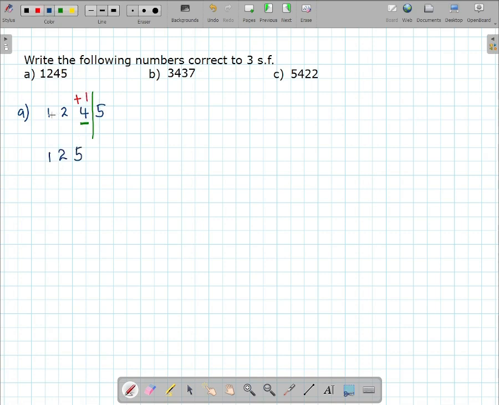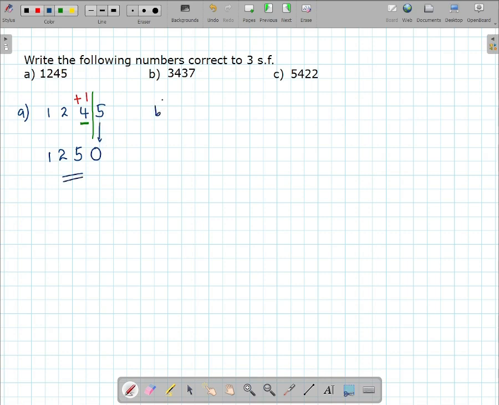Then we write 124, add 1, that is 125. Then after the separation, all the digits must be 0. So here we have 5, and after the separation, that has to be 0.